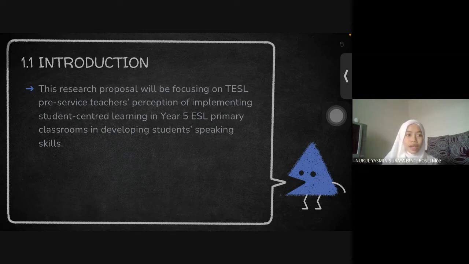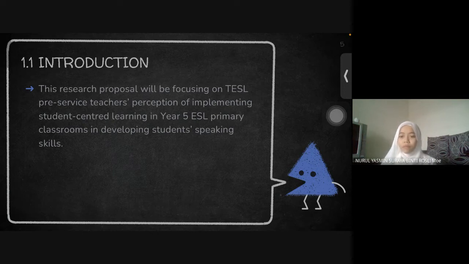So we can see that in primary and secondary school, also in tertiary education, English is considered the most important language to be mastered, as it is used in communication. And then, as English learners, speaking skills is one of the language skills or linguistic skills that we have to master in order to acquire the language.